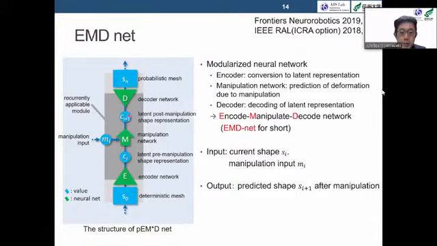And the decoder then reconstructs the shape after manipulation. There are 2 inputs, current shape S sub i and the manipulation input M sub i. Output is the predicted shape S sub i+1 after virtual manipulation is added.